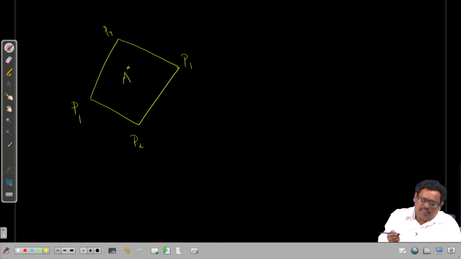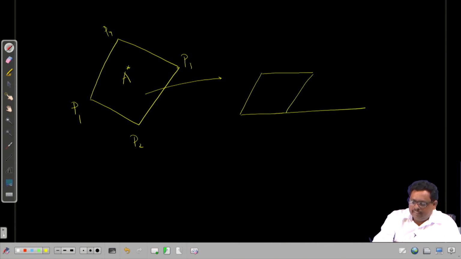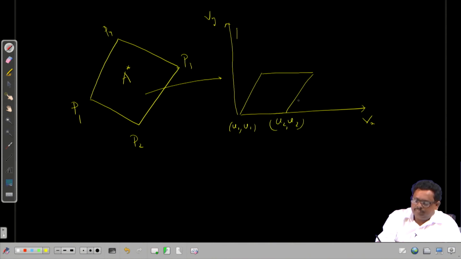Then you do this coordinate transformation, and now you have it on the flat surface, along Vx and along Vy, with U1V1, U2V2, U3V3 and U4V4, and let us say the area is A double star.